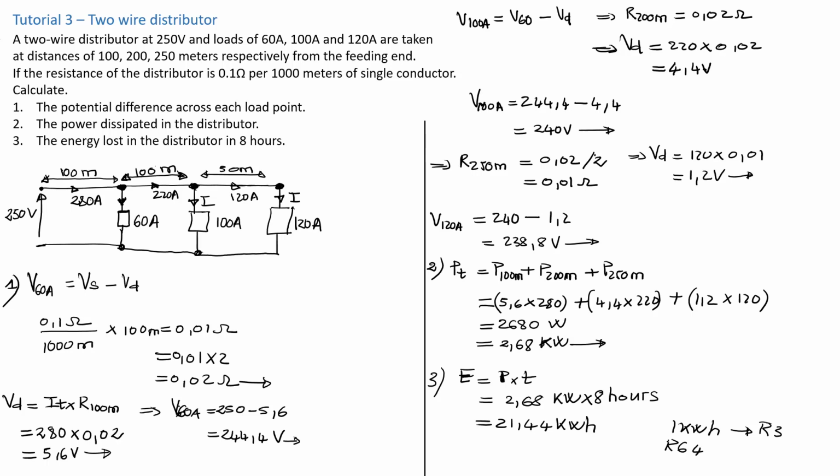You're losing about 64 rand just because your cables are wasting energy as you are transferring power from those points to all these loads here. So this is why it is very important to efficiently design your distribution system to minimize the waste and the cost as well.